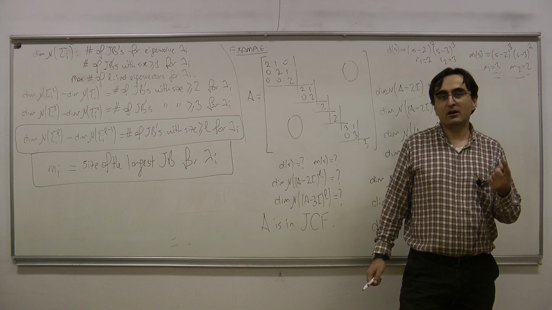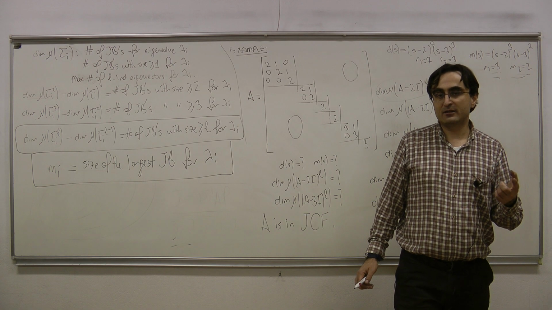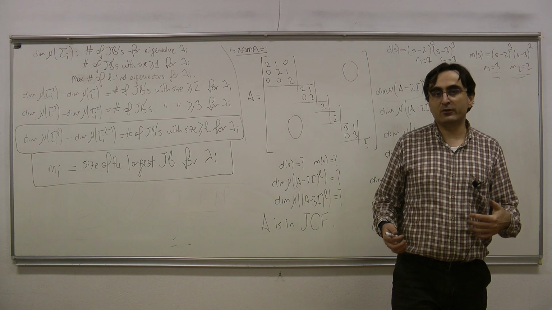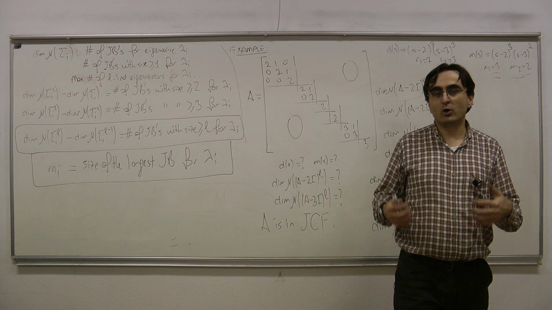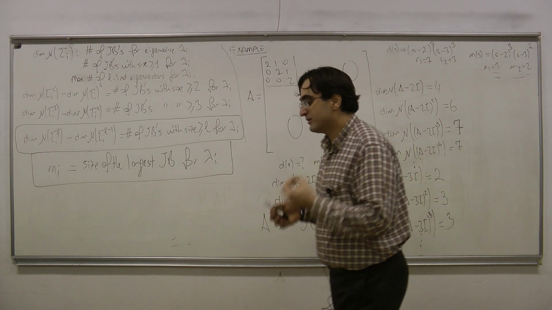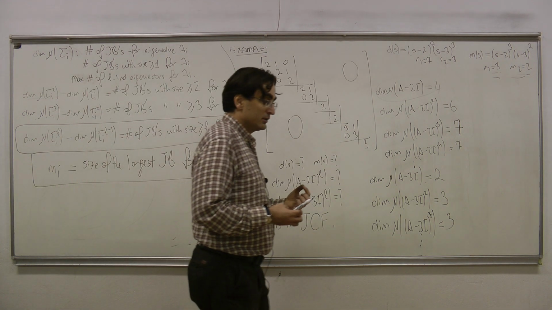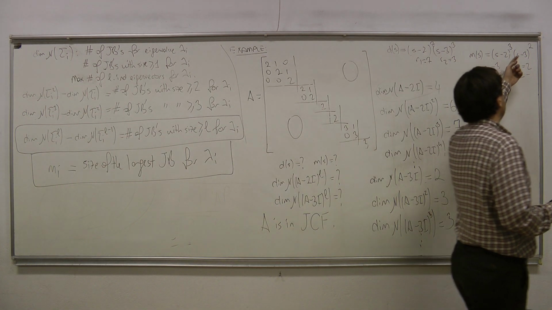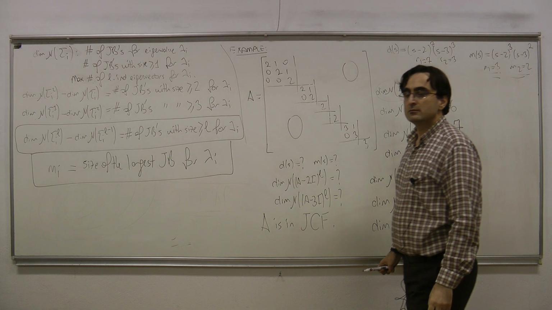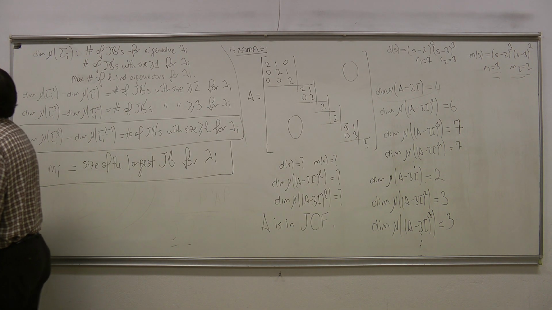That means that a matrix is diagonalizable, which means that its Jordan canonical form is diagonal, if and only if all minimal polynomial powers are equal to 1. Okay? So this is a very, very important fact. A matrix is diagonalizable if and only if all powers in the minimal polynomial of that matrix are 1. Okay? All multiplicities in the minimal polynomial are 1.